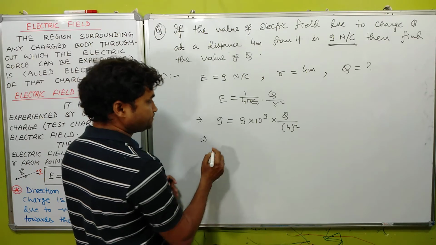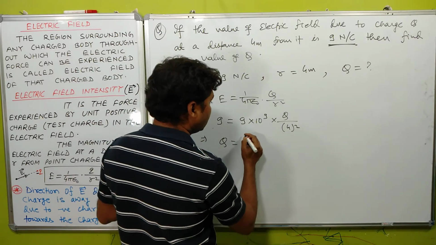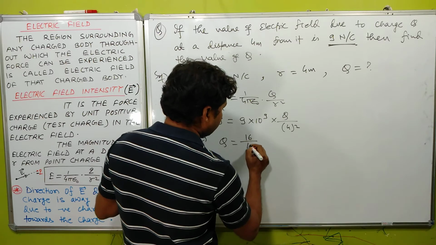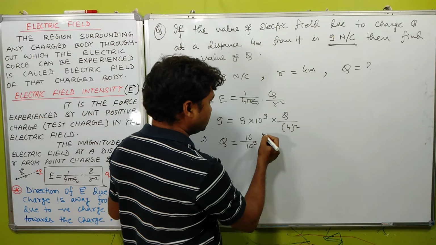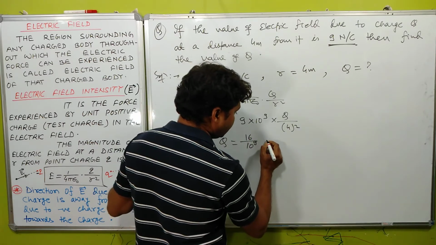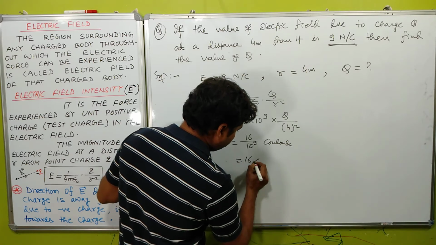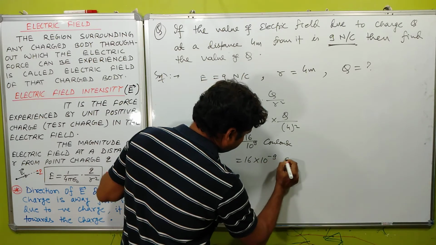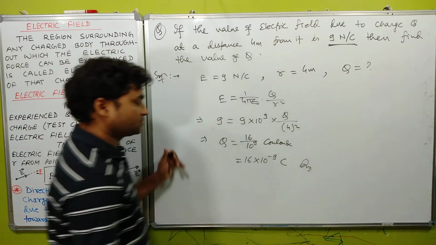Now from here, this 9 and this 9 will cancel. Q is 16 by 10 to the power 9 Coulomb, which means 16 into 10 to the power minus 9 Coulomb. See, this is your final answer.